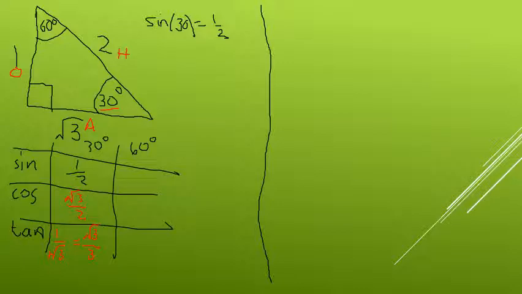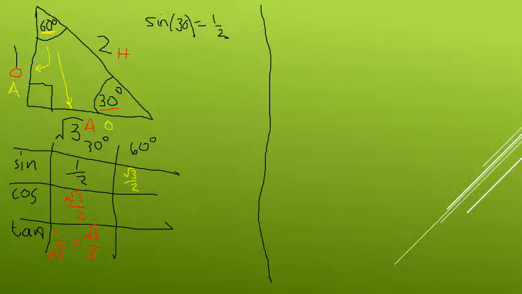The 60 degree triangle, I'll change colours here. If I'm starting to do the 60 degree triangle, then this now becomes the opposite, because that's opposite 60 degrees, and this here is the adjacent to 60. So if I wanted the sine of 60 degrees, I go opposite over hypotenuse, so that would be root 3 divided by 2.